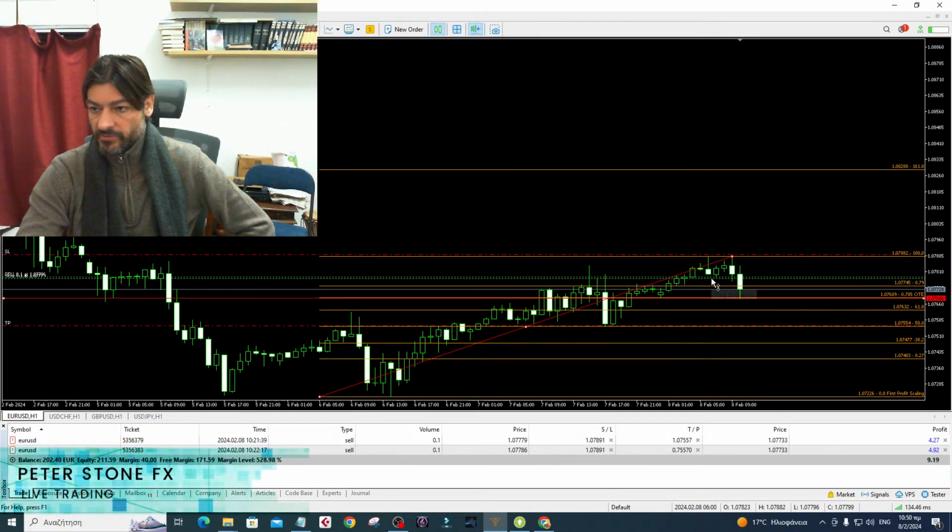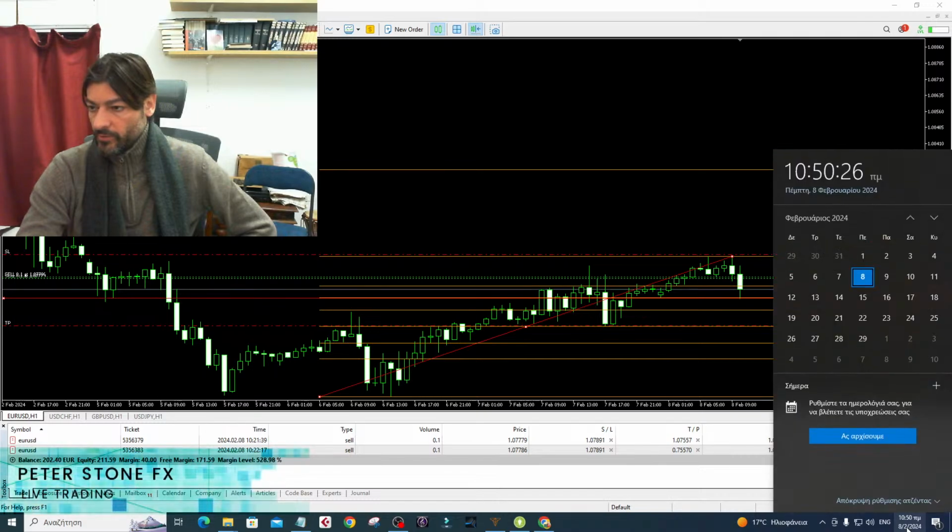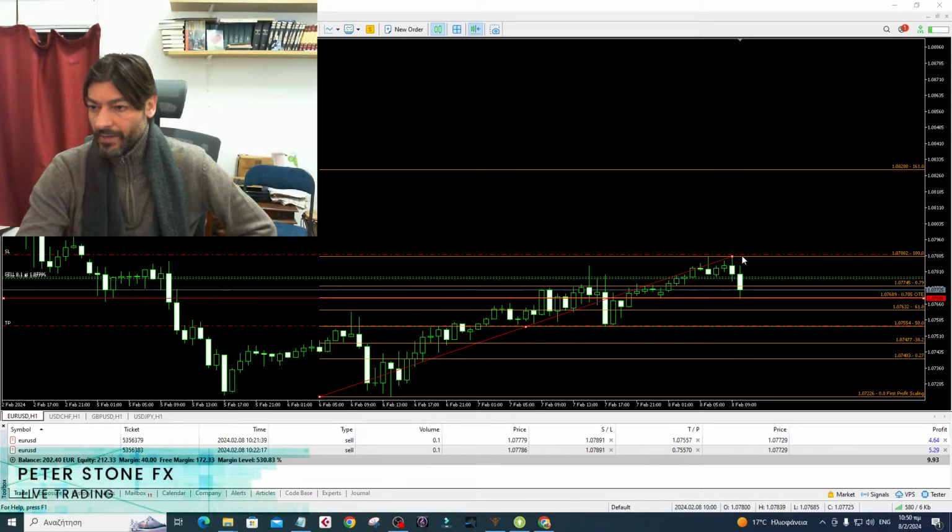Yes, this area is very important to see. So 6th of February we had 2 days ago on Tuesday. So this is the weekly low. So we might have the weekly high right here. This is the week.